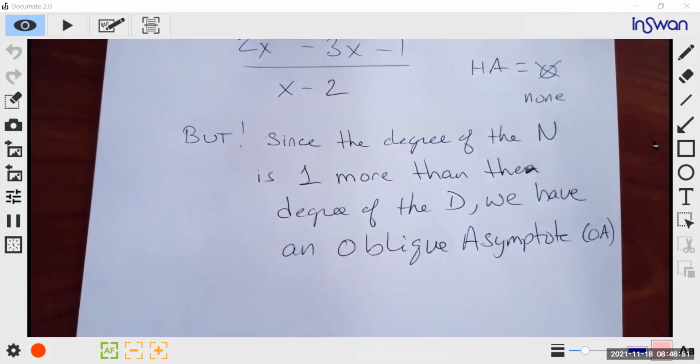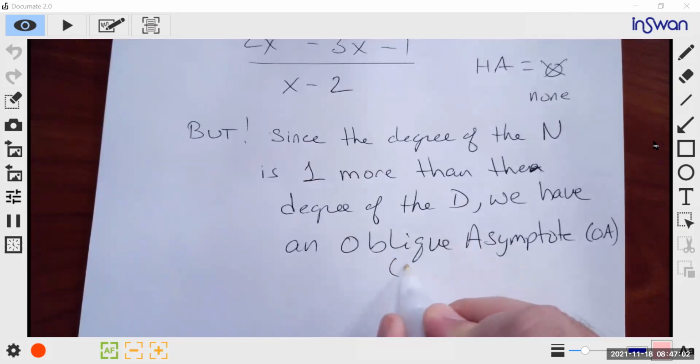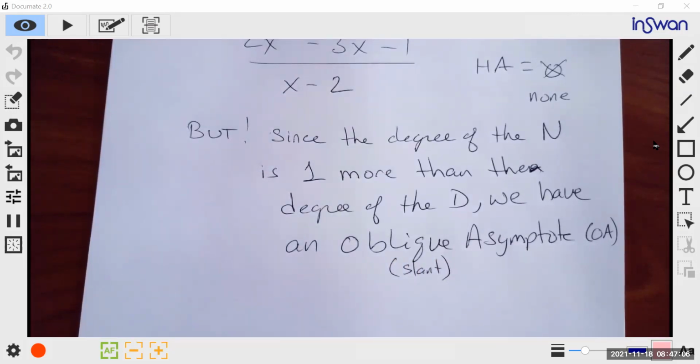Yes, typically if there's more on top than the bottom, it's no asymptote. But if the difference is by 1, then we have a slant asymptote. It's not horizontal or vertical, it's a slant.